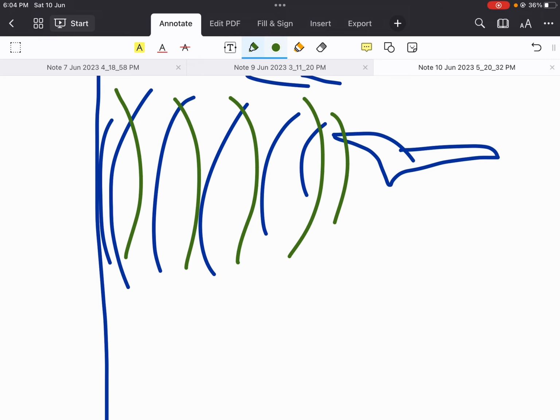And what the bat essentially does is it uses the time taken to hear the reflection of the ultrasound pulse to calculate the distance. That's why even though it's not able to see, it's able to navigate, because bats essentially can approximate the distance using the time taken to hear the reflection.